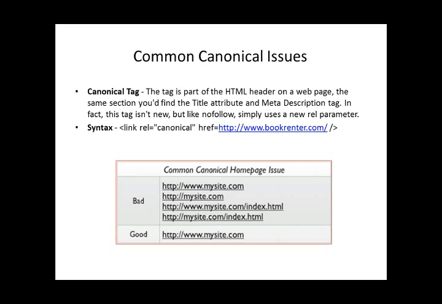Along with this, we have certain index.html files on the site which serve the same content to Google. Out of these 4 different bad homepage URLs, Google considers all 4 to be different URLs serving the same content.